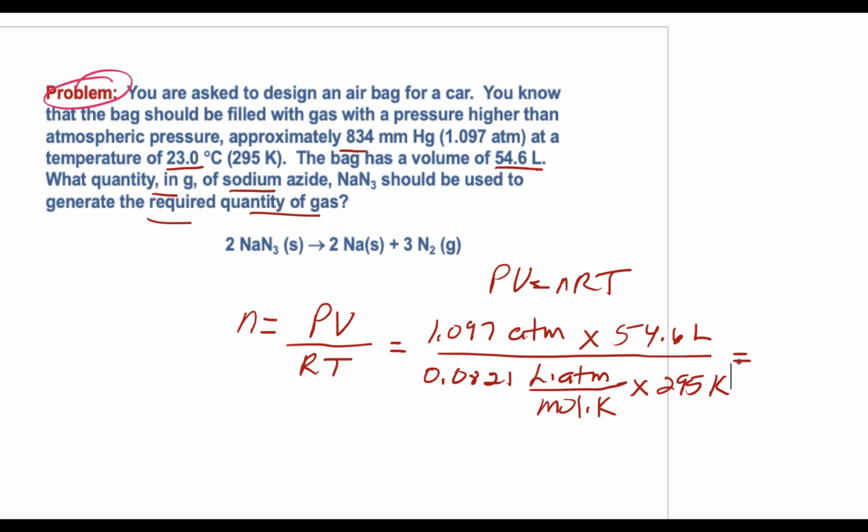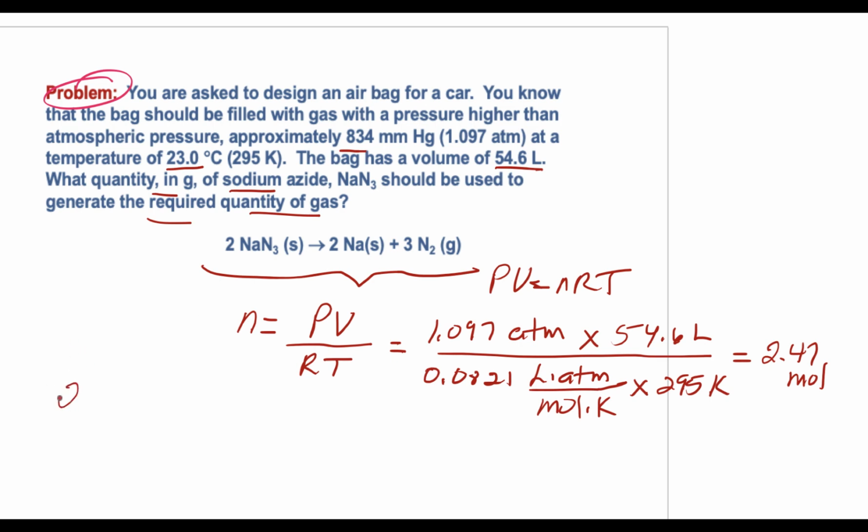And so we end up with 2.47 moles. So now it's just a matter of using the balanced chemical equation to find the number of grams of the sodium azide to use in order to generate this much gas.